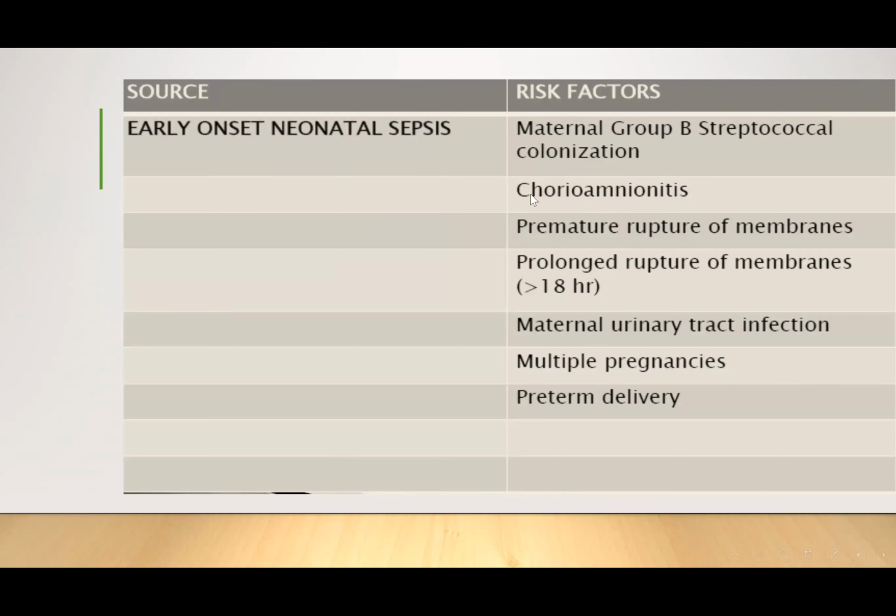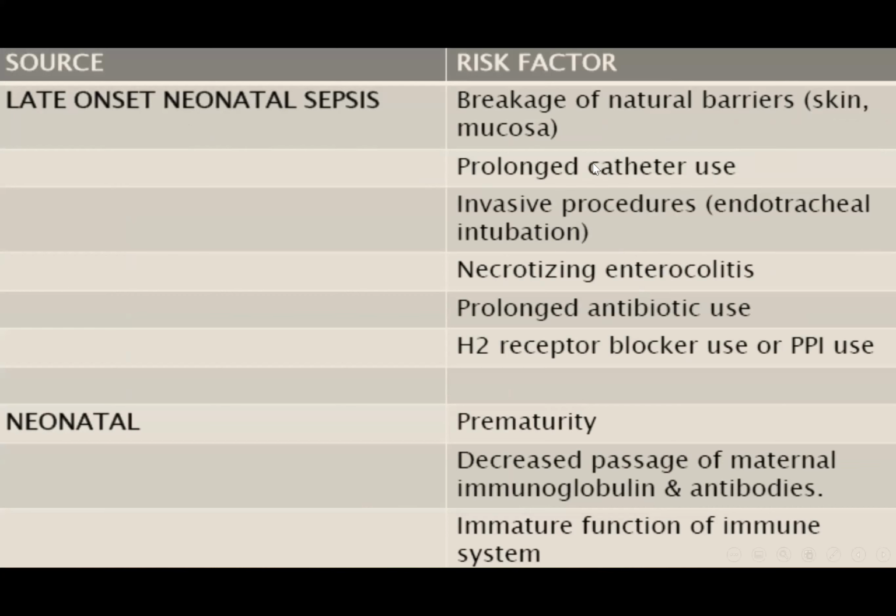Late onset sepsis is due to breakdown of the natural barrier in the skin and mucous membranes, or prolonged use of a catheter, or invasive procedures, even endotracheal intubation if not completely under aseptic technique. It can also be presented by NEC or prolonged antibiotic use.